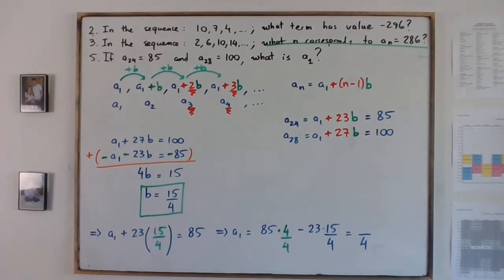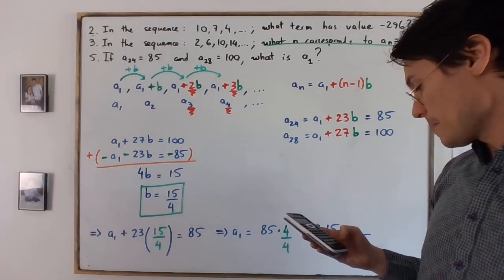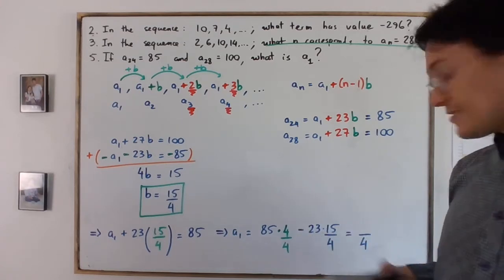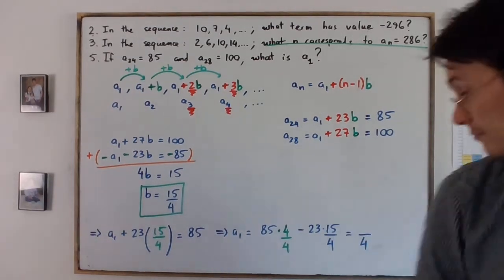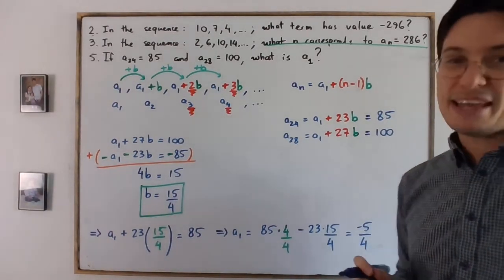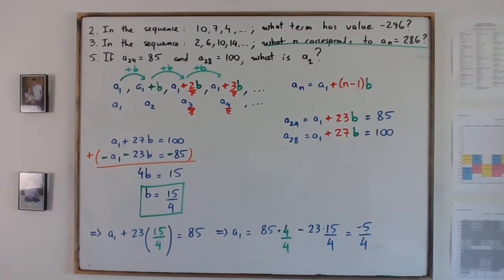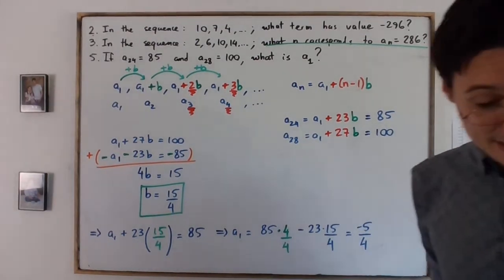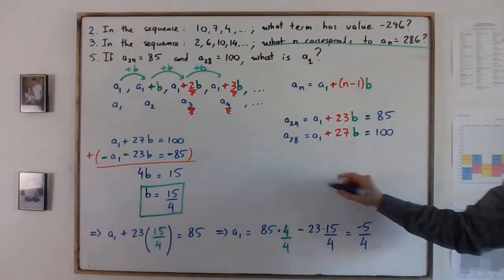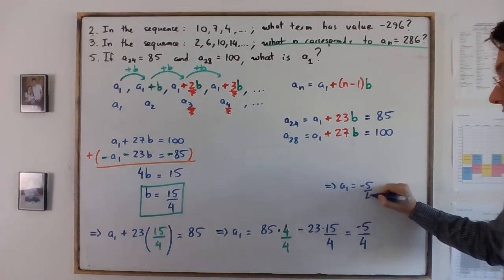So 85 times 4 minus 23 times 15 gives you negative 5 overall. I probably could have tried to do it in my head, but I just didn't want to waste your time. This is it. This is the value of A1, so A1 is equal to negative 5 over 4.